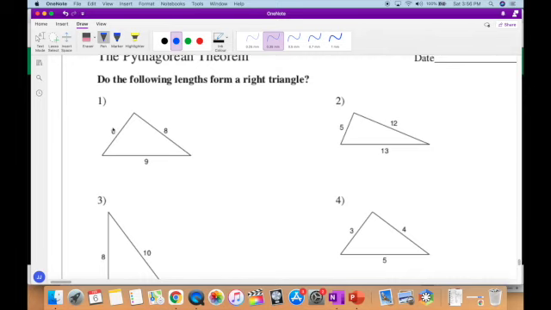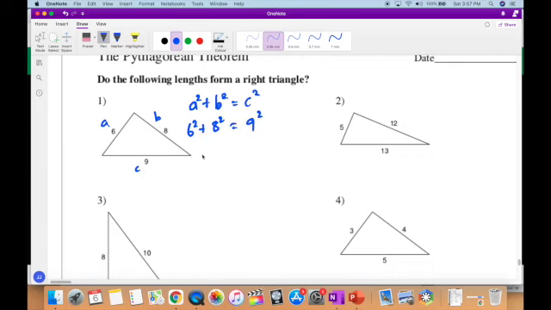Right, we use the Pythagoras theorem. But which side will be C? 9. Yeah, because 9 is the longest side, and the hypotenuse is always the longest side. So we have Pythagoras theorem: A squared plus B squared equals C squared. So we have 6 squared plus 8 squared, because these will be A and B and this will be C, which is 9 squared.